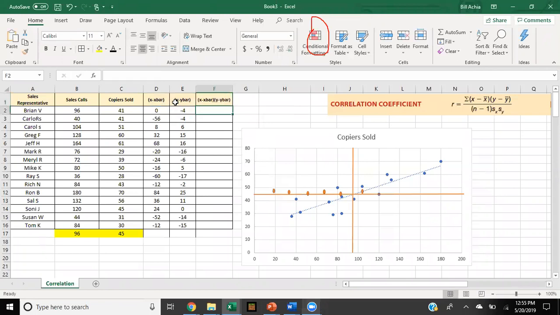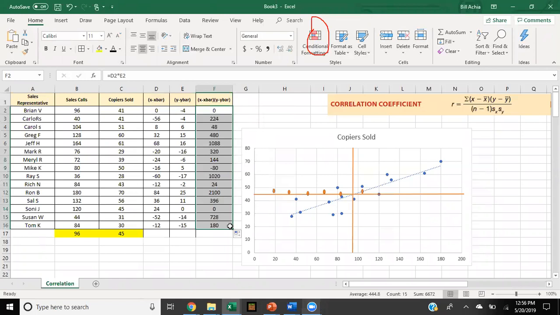You don't have to do this. I just didn't want to type in all that. So I just merged those two cells together and it gave me that heading. All right, so I want to multiply our value here by our value in column E, and then drag that formula all the way down.